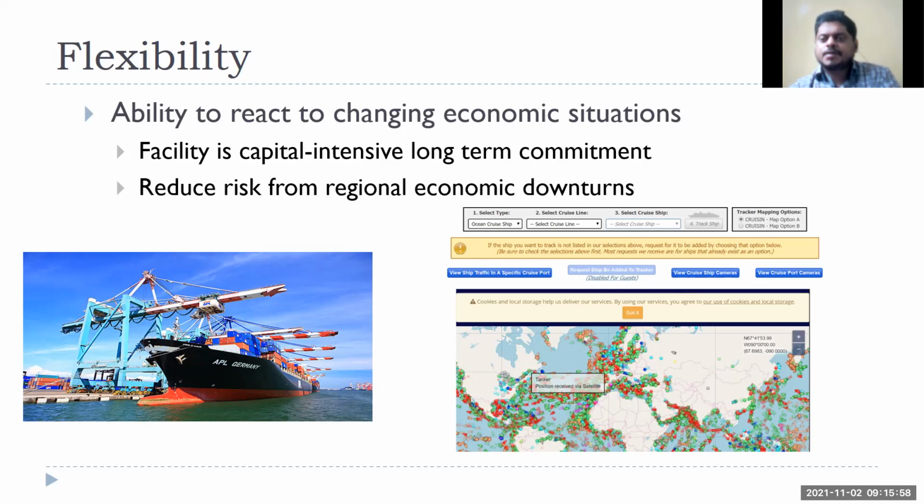Whenever you want to move, you can move from one place to another. If you want to shift your restaurant, you can. But if you have your own building, unless you are such a restaurant or hotel that people will come to you no matter where you are, you lose that flexibility. That is the ability to react to changing economic situations.